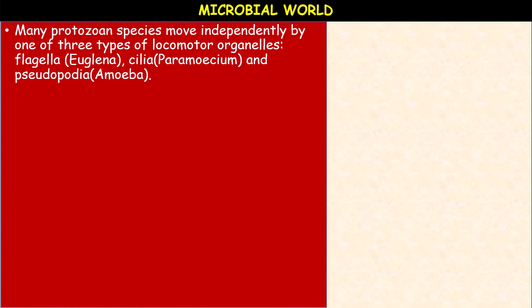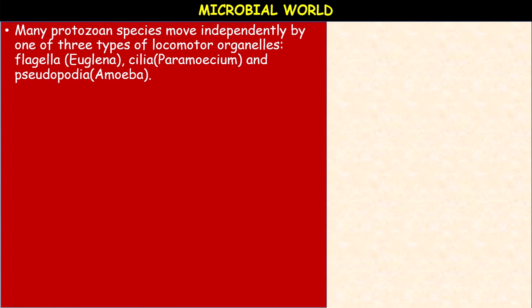For example, amoeba has no specific shape. Many protozoan species move independently by one of three types of locomotor organs. What are they? Flagella, example Euglena, cilia, example Paramecium, and pseudopodia, example amoeba.